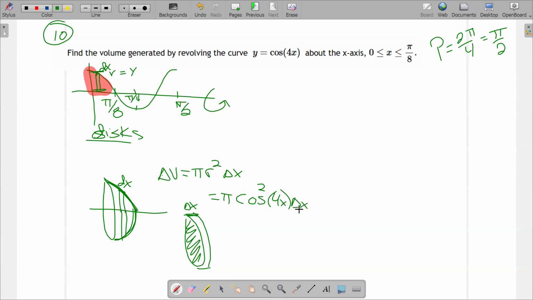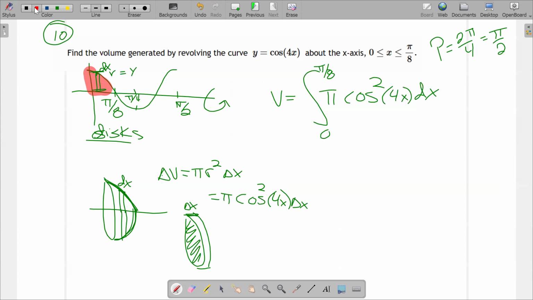So putting that into an integral, my volume should be the integral from 0 to pi over 8 of pi times the cosine squared of 4x dx. To deal with a cosine squared before, we used a version of the half angle or double angle formula, depending on your perspective.